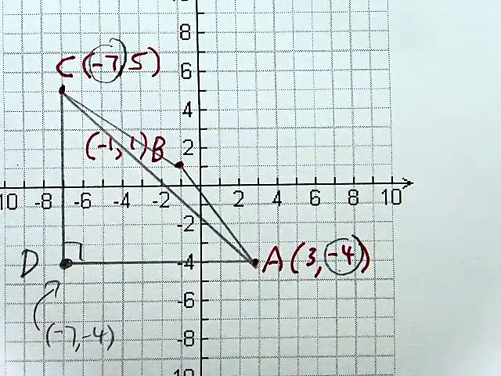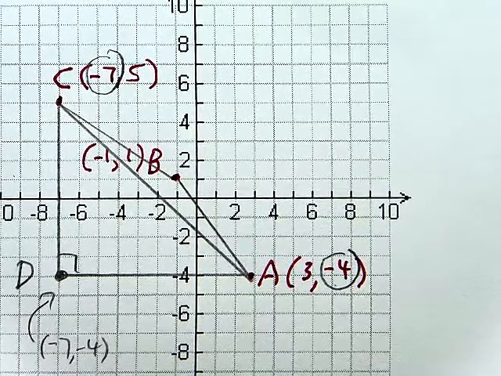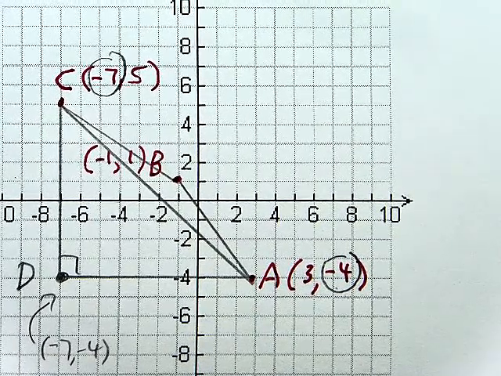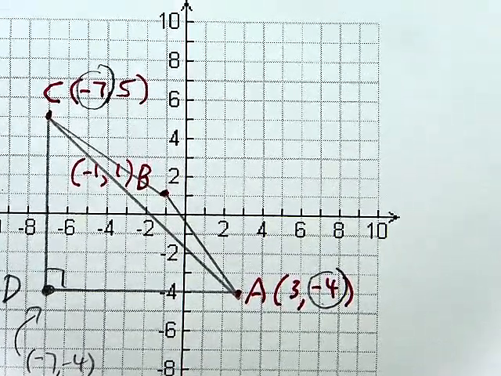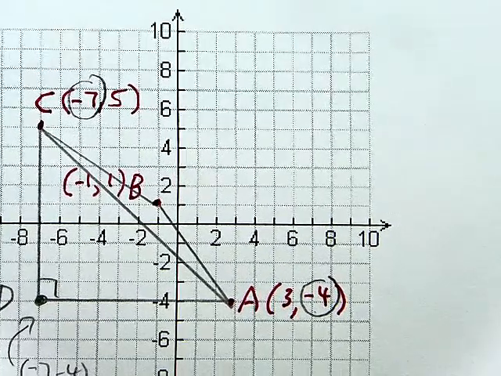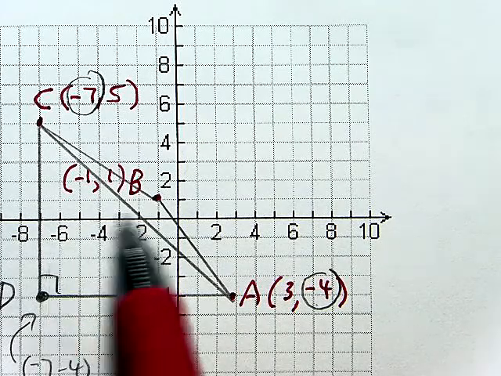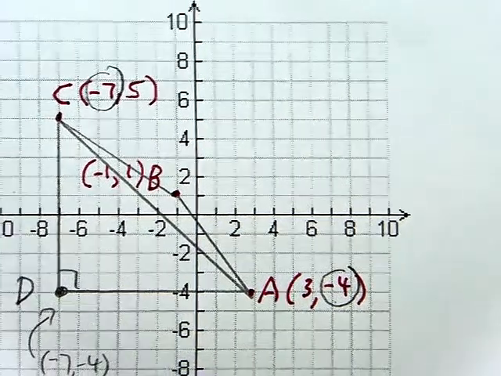So let's go ahead and figure out some kind of names for our right triangle. In fact, what I'm going to use is just the measures themselves. Okay, so we've got a squared plus b squared equals c squared. Remember, c squared is the hypotenuse.